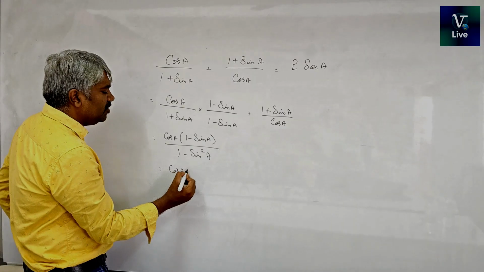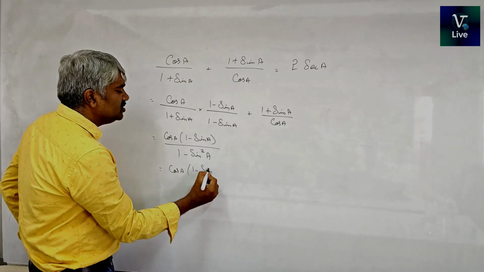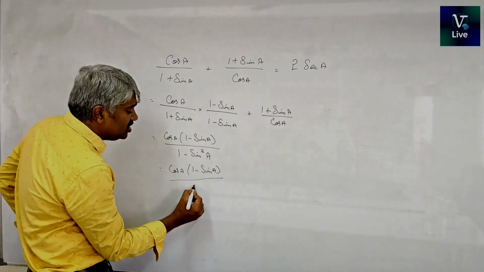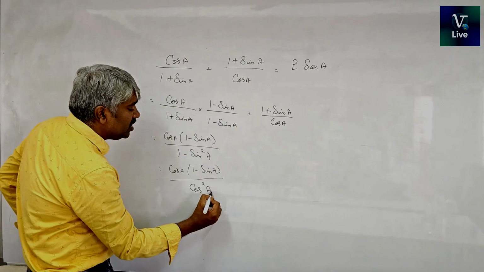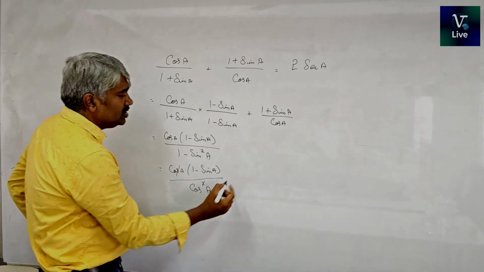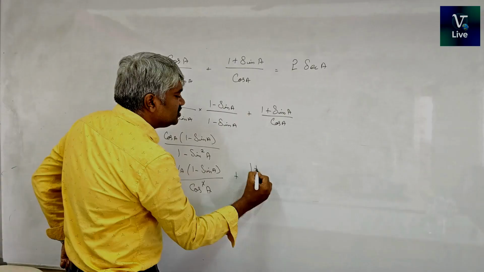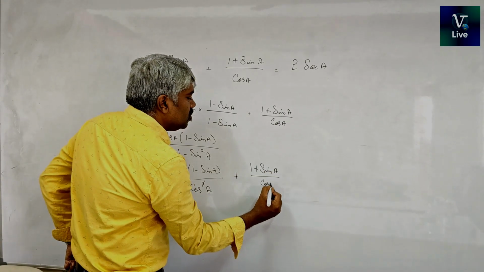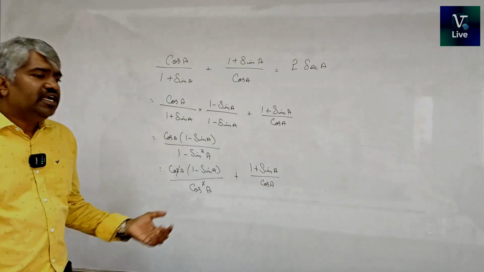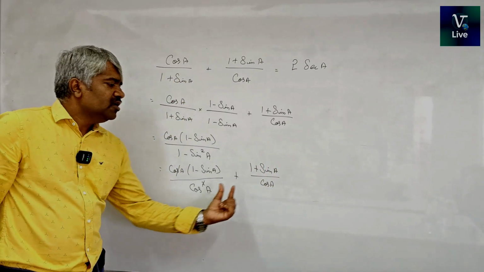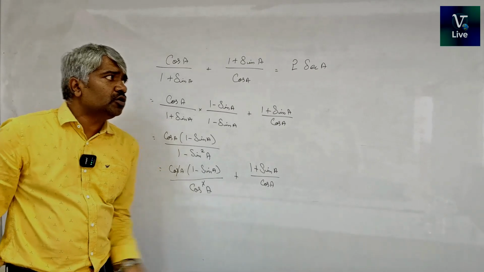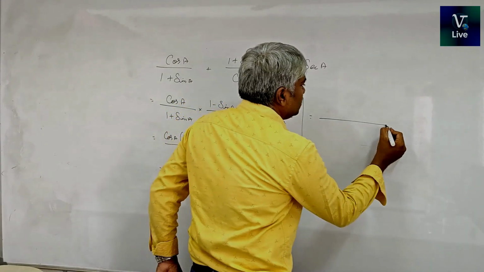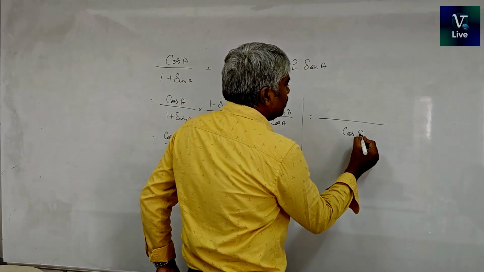So cos A into 1 minus sin A divided by, the value of 1 minus sin square A is cos square A. So you can cancel one cos and another cos over here, plus 1 plus sin A by cos A, right? Now the denominator of this term is cos A, whereas the denominator of the second term is also cos A. So I am going to add these two terms, right? They have a common LCM, cos A.